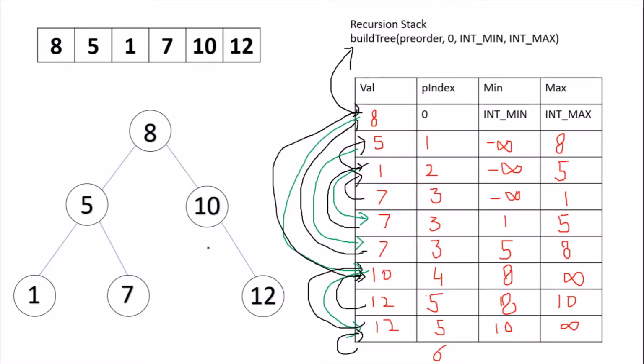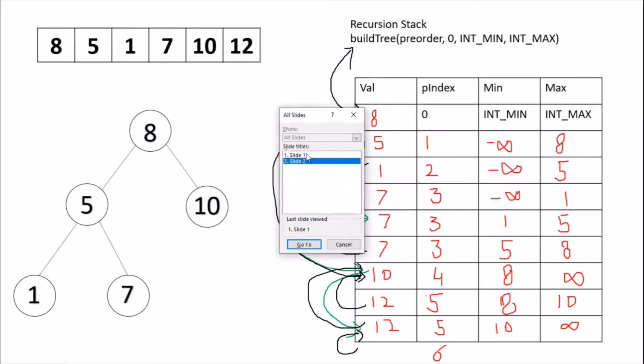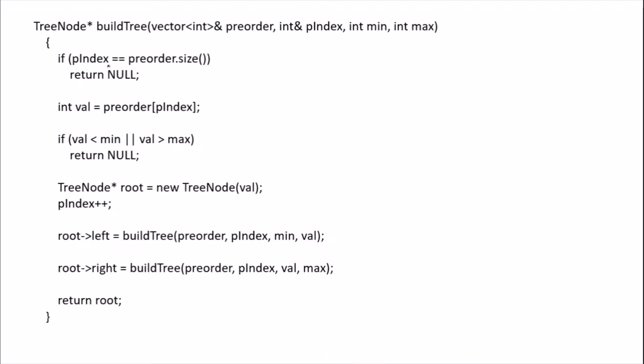So this is how you build the binary tree. This is the base condition: if the p index becomes equal to the size of the preorder array, we simply return null.